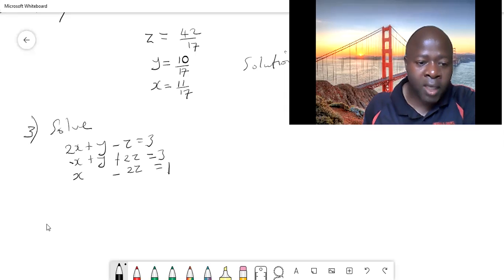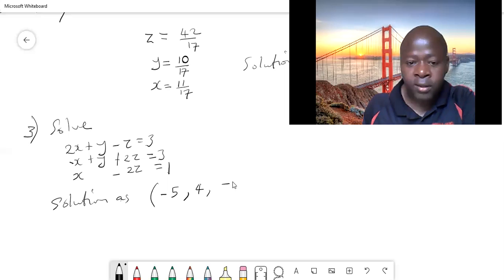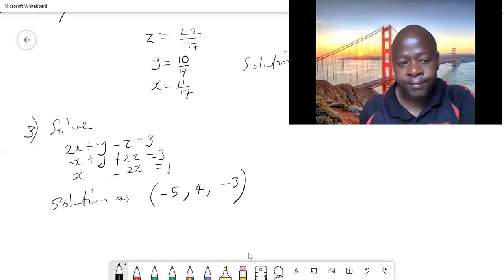Now this one I leave as an exercise, and you need to get the solution to this. The solution is negative 5, 4, and negative 3. So this is the value of x, the value of y, and the value of z. So you try that and see if you obtain that result.